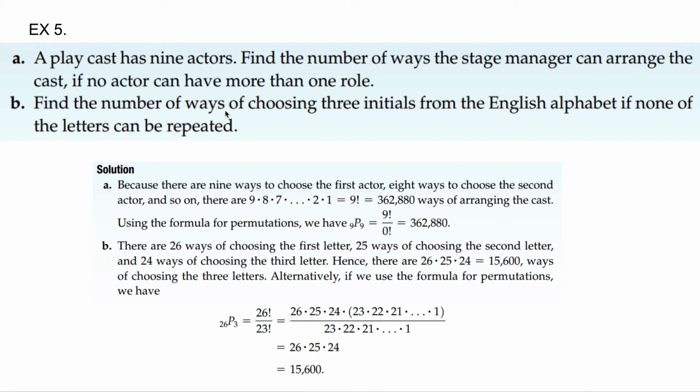How about this problem? Find the number of ways of choosing 3 initials from the English alphabet if none of the letters can be repeated. So we already know there are 3 initials: first name, middle name, last name. The order matters. The first name initial should be different from the middle name initial, right? The order matters, and it says no letter is repeated.